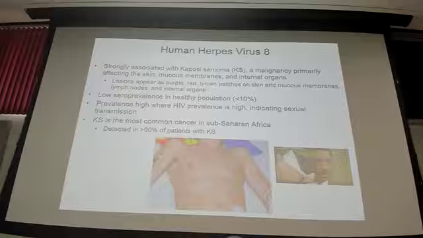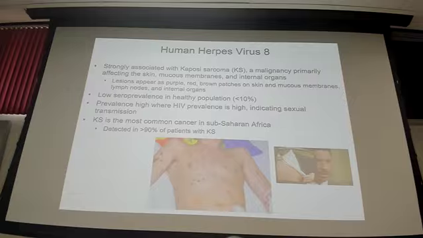Very low prevalence of this virus in the healthy population, so that implies that it's not that transmissible. Most cases occur where the HIV prevalence is high, so there's indication, even though we don't have a lot of good evidence, that transmission is oftentimes sexual.